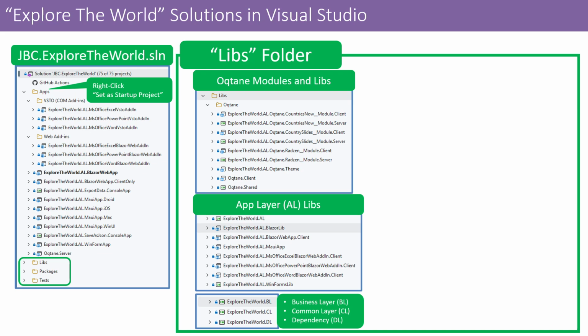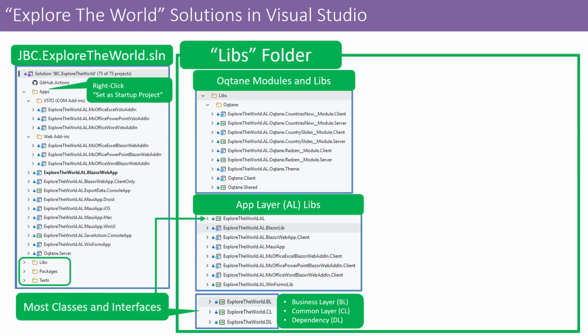Business layer is where you have a lot more of your business logic, commons, like just common code that's used everywhere, base level stuff. And then a dependency layer. So your .al, your .bl, your .cl, your .dl, is ABCD. These libraries are what hold most of your classes and interfaces.